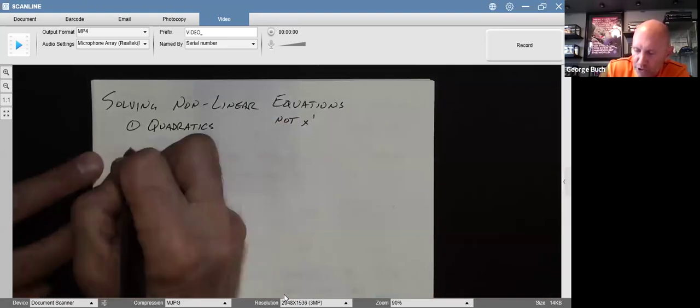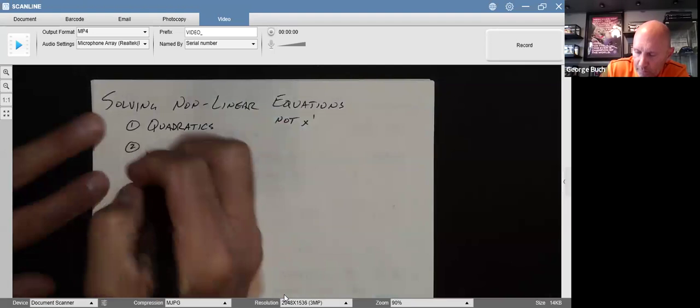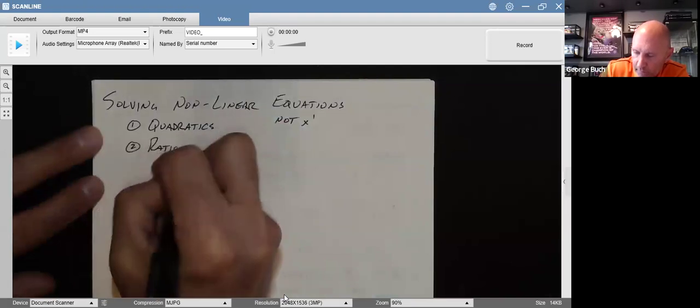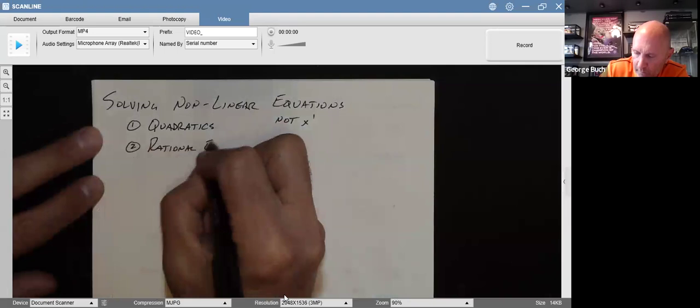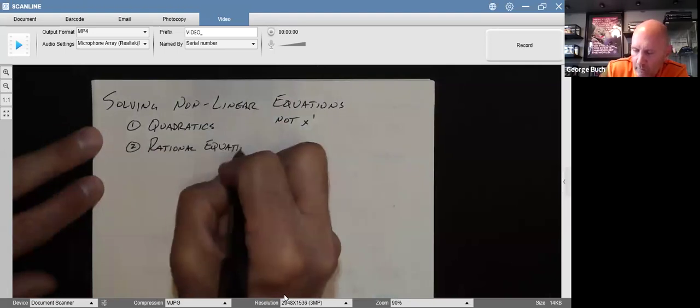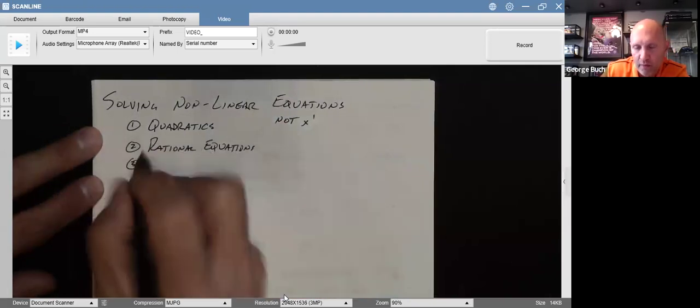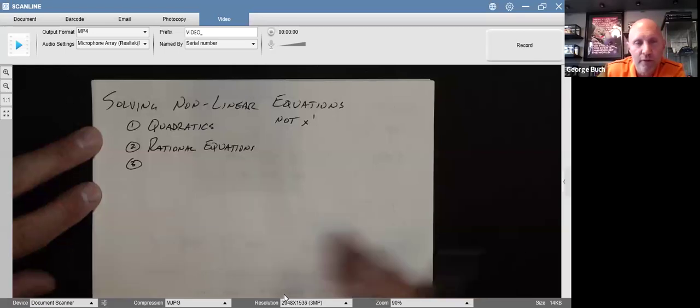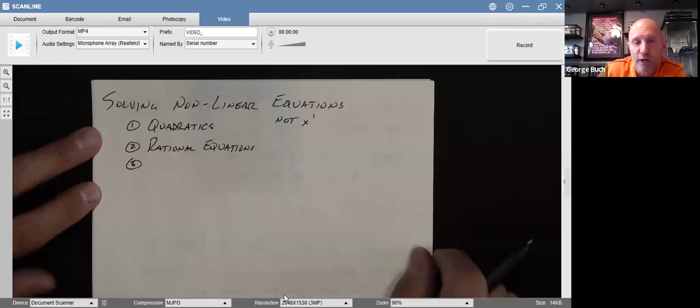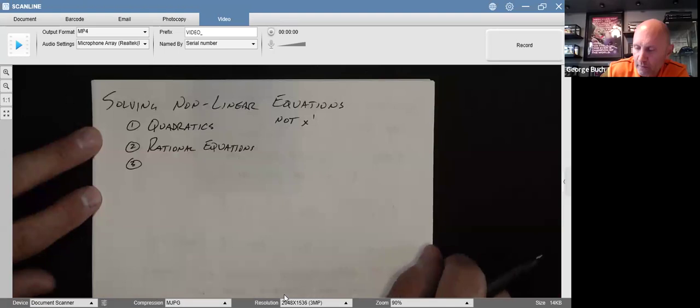We can have rational equations, so equations with a bunch of fractions in them. And the fractions could be rational expressions, right? So a polynomial in the numerator and/or denominator.